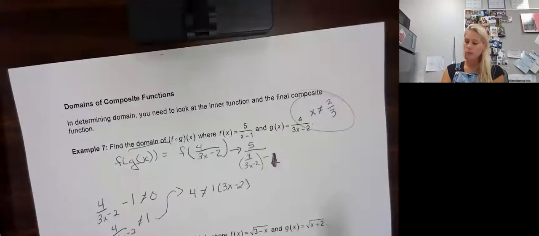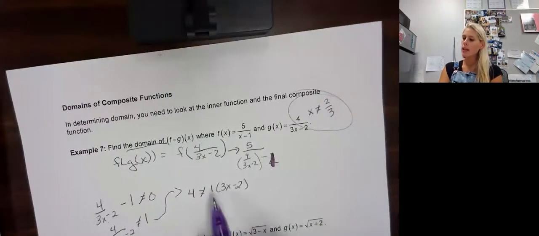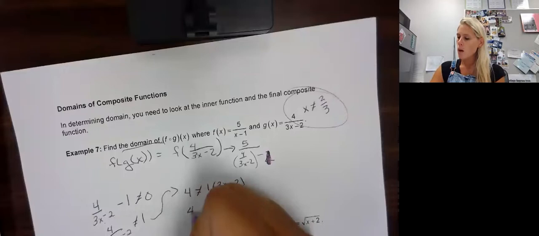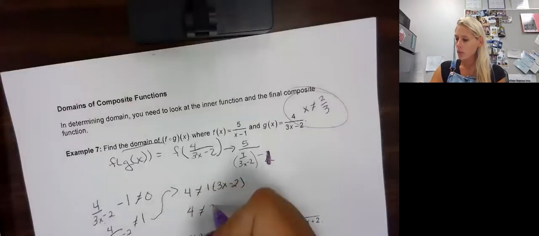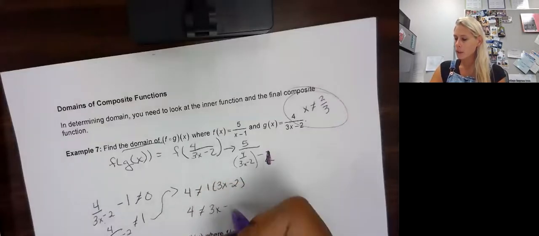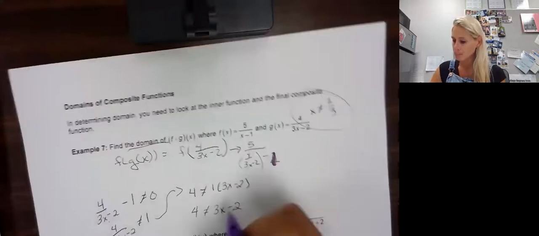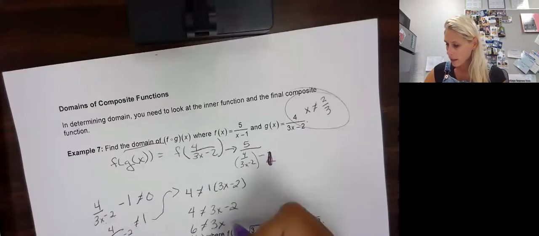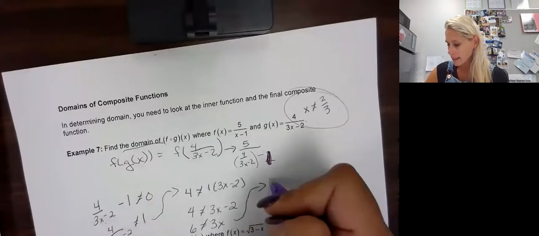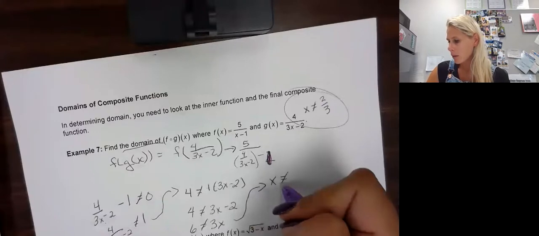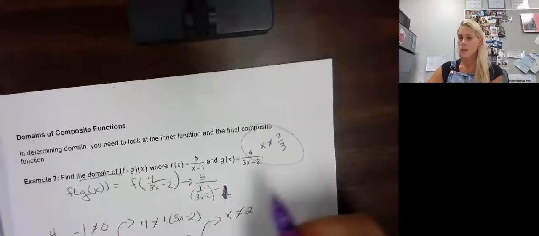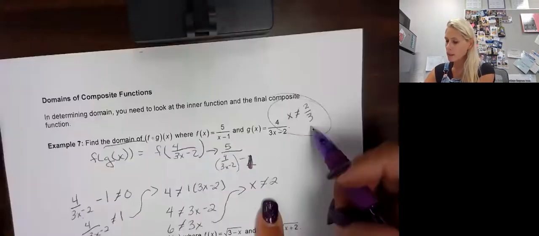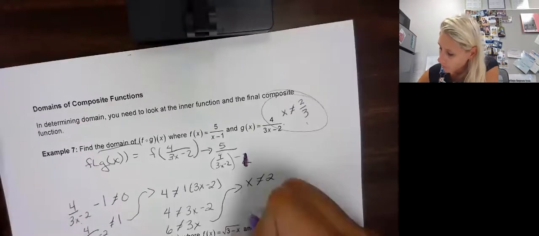And of course, that 1 goes away and it's just 4 cannot equal 3x minus 2. And now we can solve. So 6 cannot equal 3x, and that also means that x cannot equal 2. So I have to keep both of these in mind when I write out my domain.